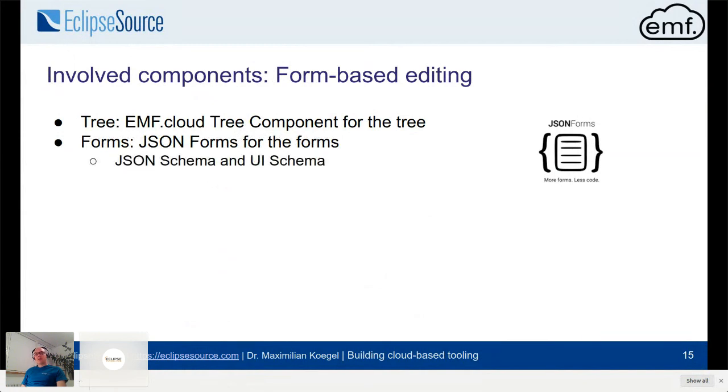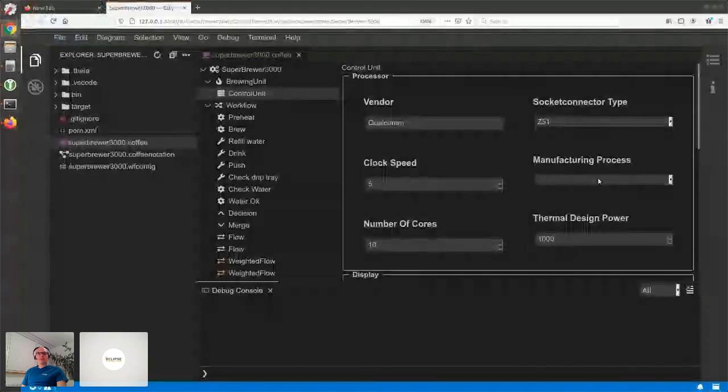Those forms are derived from a JSON schema that describes the data for a particular form. So, for example, what we've seen earlier, a control unit has a schema that describes that a control unit has, let's go back to the demo, a vendor, a socket connector type, which is of type enum, a clock speed, which seems to be a number, and so on.